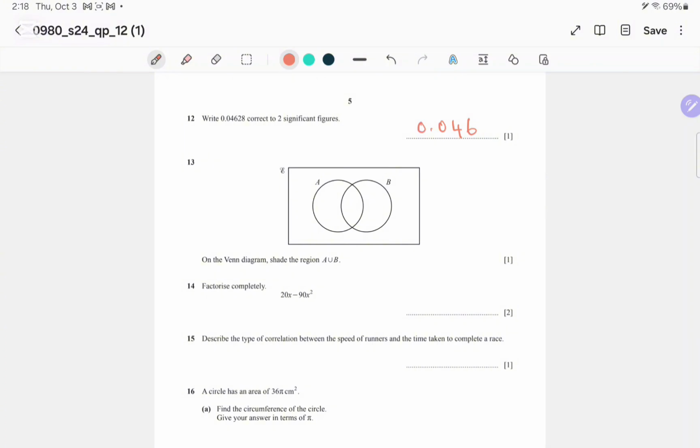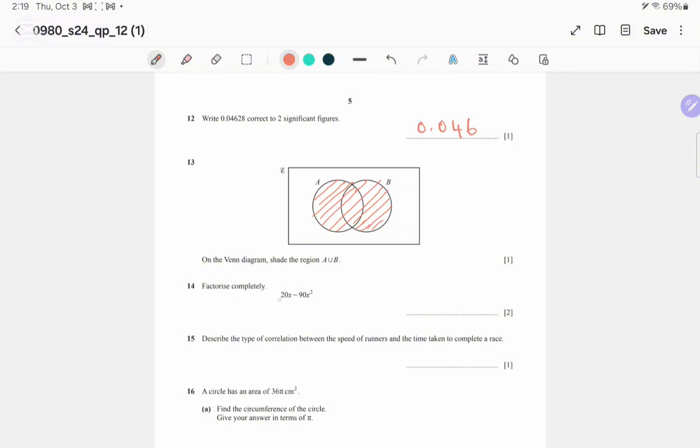We have to shade the region A union B in the Venn diagram. So just by shading these two parts. I am drawing by lines. Please make sure you are covering all the part inside alone. Don't go outside the diagram. Up to here. This is the Venn diagram part. You have to cover it.